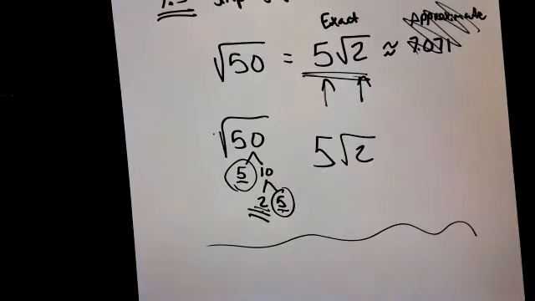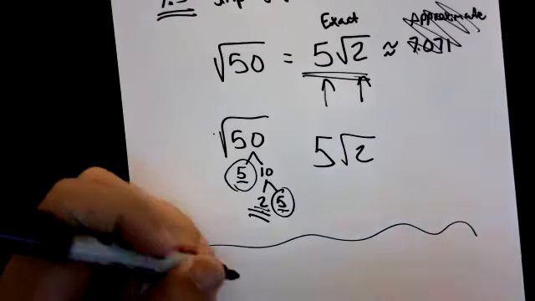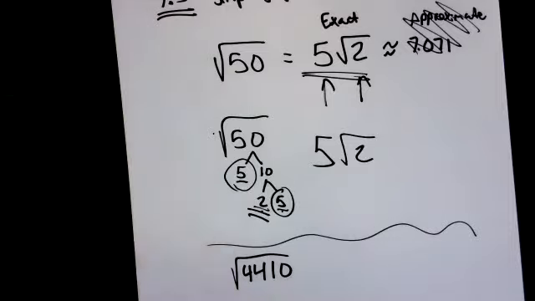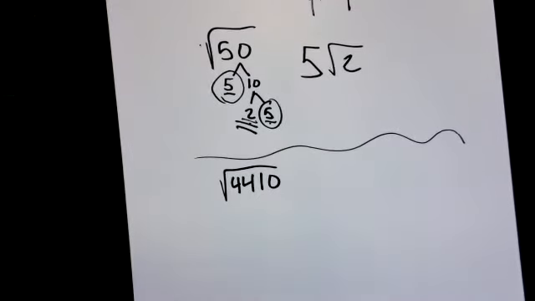Okay, if I do another one of those. For example, if I want to take the square root of 4,410.